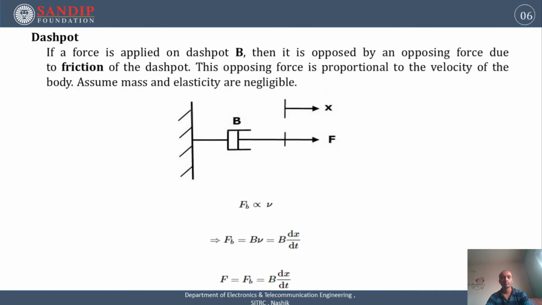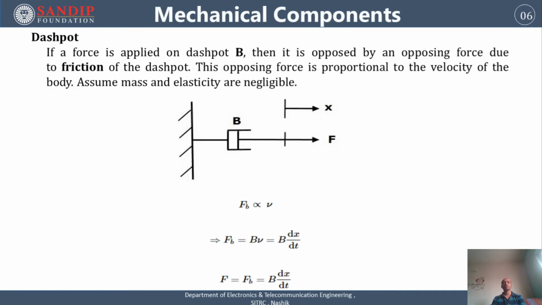Second, if we apply the force on the dashpot B, then it is opposed by the opposing force due to the friction of the dashpot. Due to the property of the dashpot, it opposes the force by the friction of that dashpot. This opposing force is proportional to the velocity of the dashpot. This is most important.